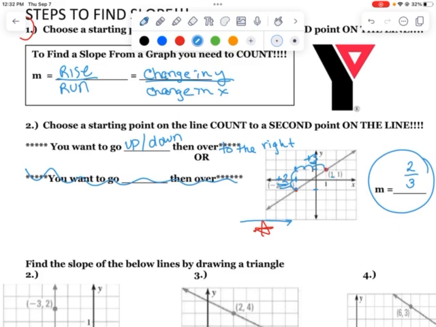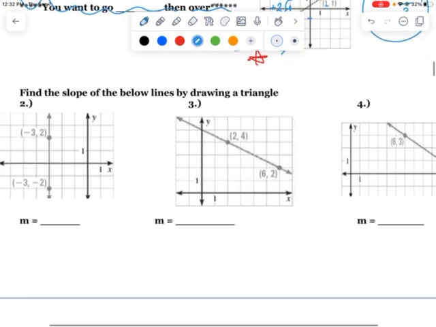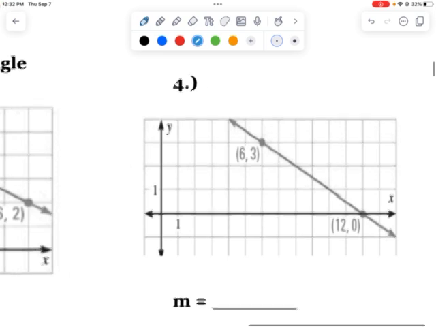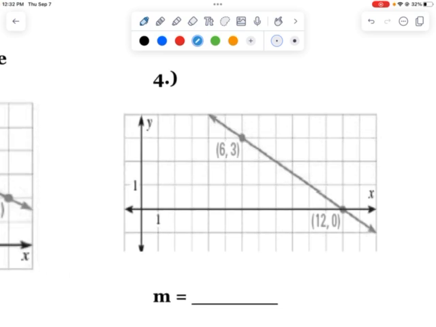Okay? Let's practice here with 2, 3, and 4, and we're actually going to start with 4 and go backwards. I read my graph left to right. I hit this point first. I need to go down, right, along a city block of like New York City. I'm going to go down 1, 2, 3. I went from 3 to 0.